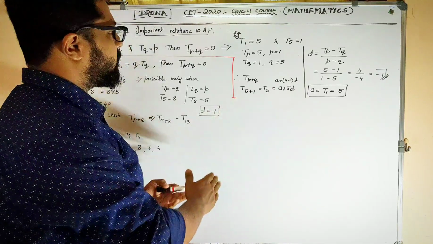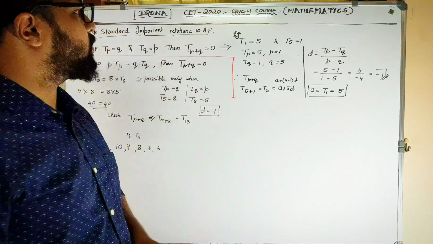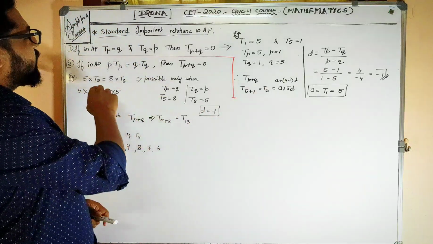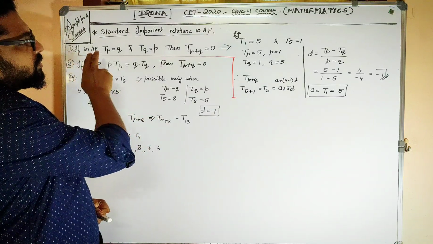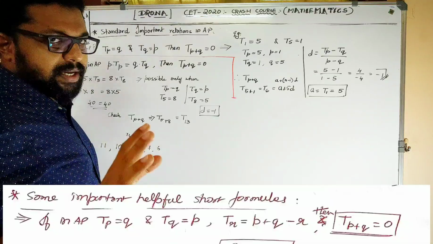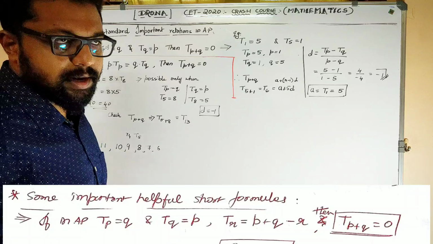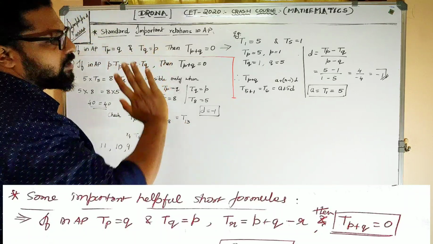I have given an example as well as I am explaining the formula. So you can see that in an AP, if TP is equal to TQ, any P and Q can be any number. Do not get confused when I say A, B, C, D, anything like that. P and Q are random numbers.